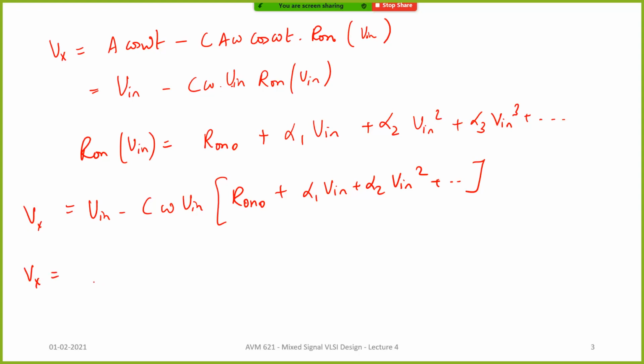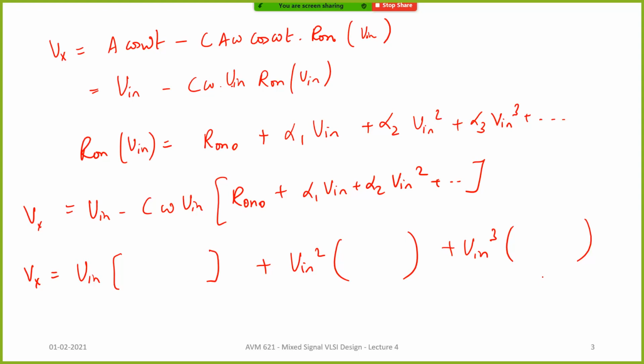You will have some terms with R on naught, right, plus some terms with Vn, right, plus some, okay, sorry, actually you will not have any DC term, right? You will only have Vn times some terms plus Vn squared times, because the moment this term alpha 1 C omega multiplies, you will have some Vn squared terms and you will have Vn cube terms and so on, right?